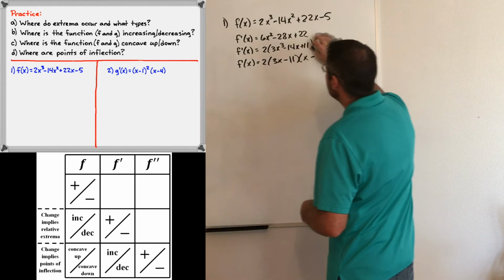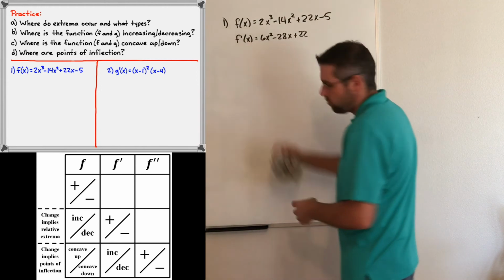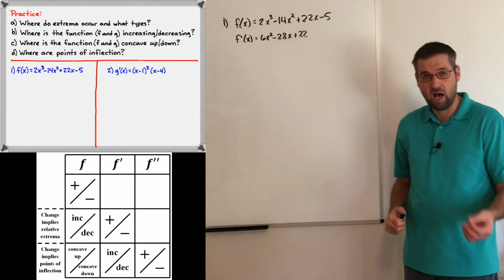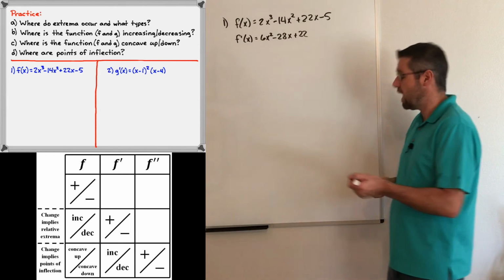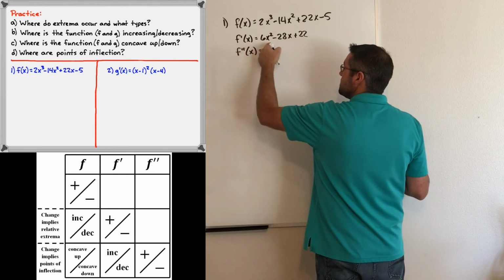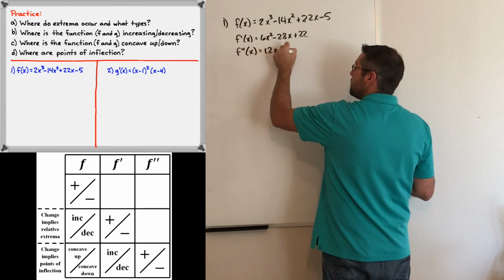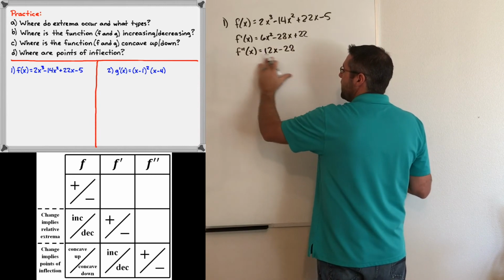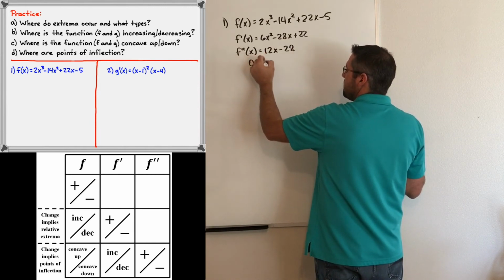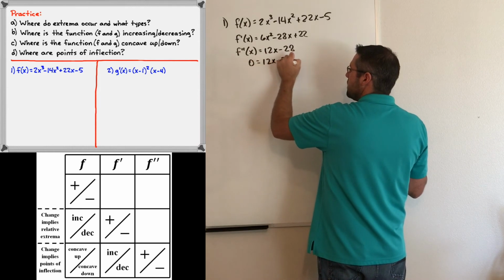So let me get back up here to our f prime function. So we would say f is concave up when f double prime is positive. So f double prime of x is equal to 12x minus 28. And we know when f double prime is positive, well, we got to go through the motions again. We got to set f double prime equal to 0 and then solve that.